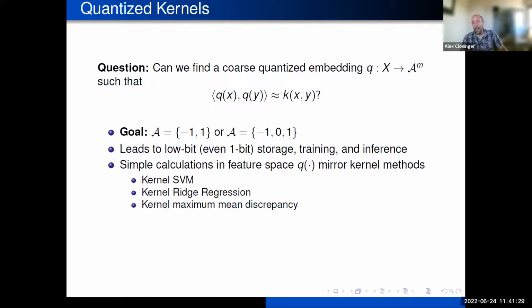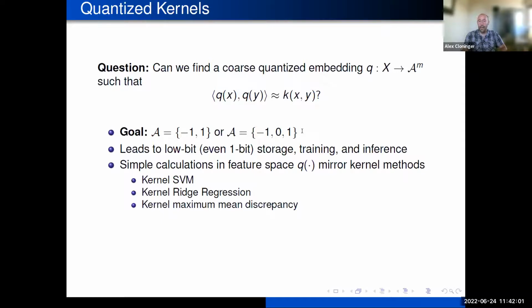More importantly, I want a quantized feature space. In other words, I don't want this to be just any vector, I want it to be a binarized vector. So I'm trying to figure out a one-bit representation, a vector of bits or ternary values, 1, 0, -1, such that when I take the inner product of that vector with another vector, I approximate some nonlinear relationship between points.